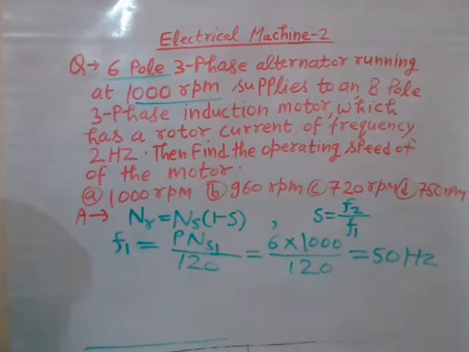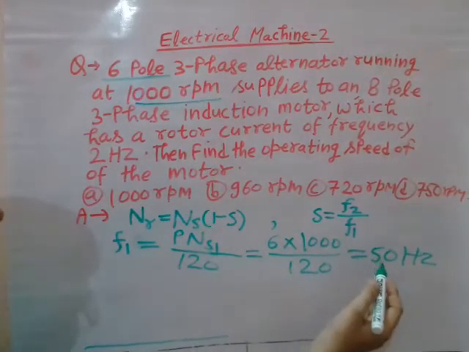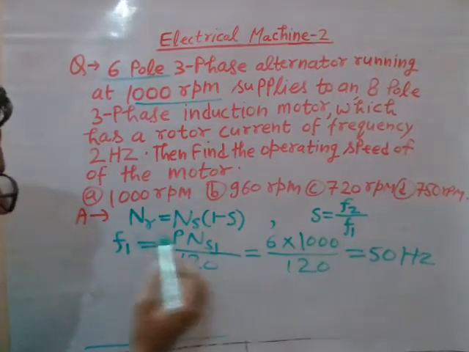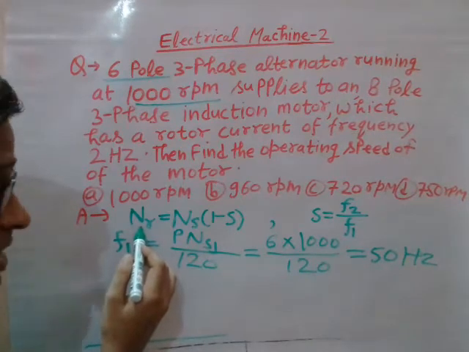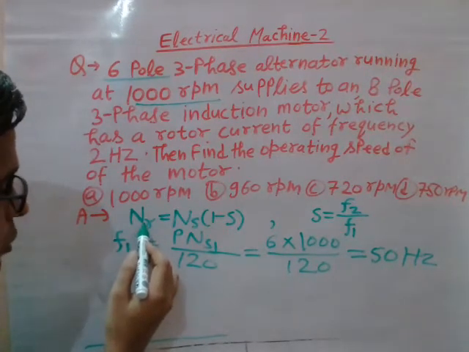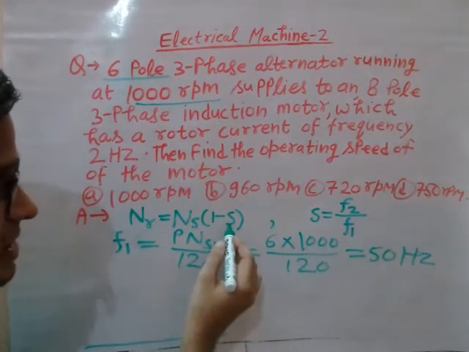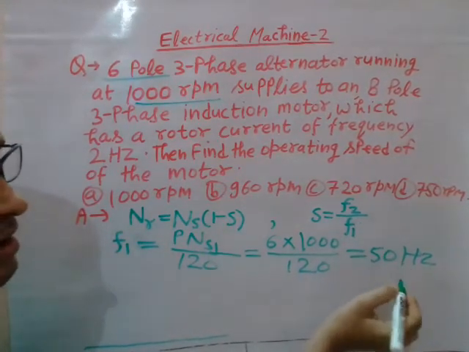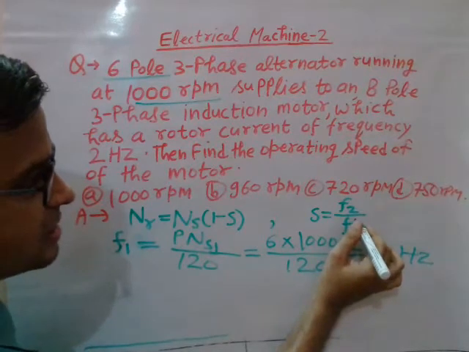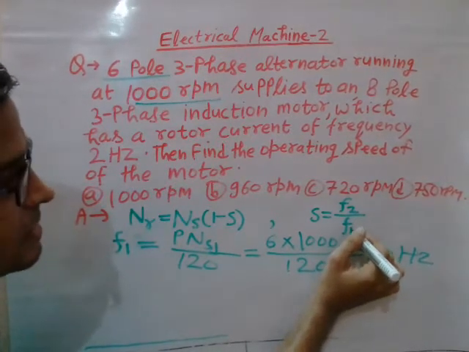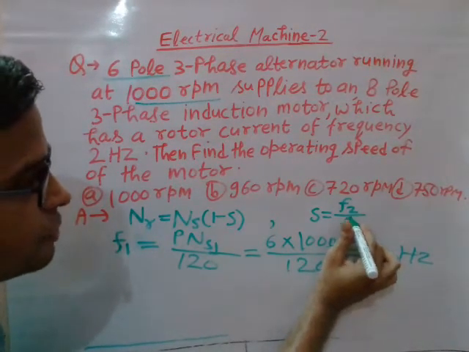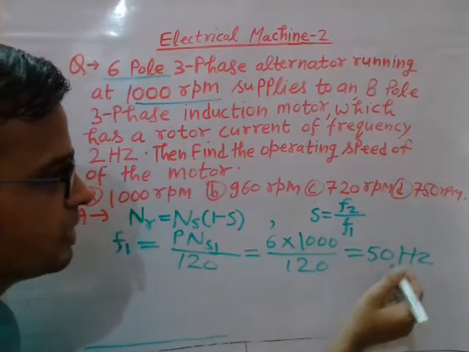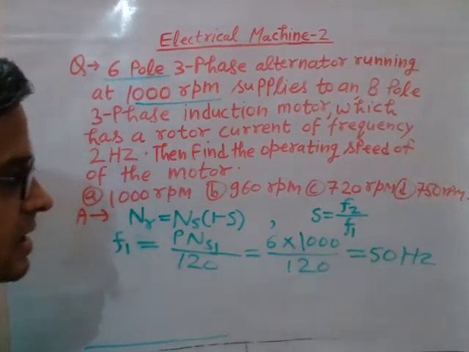This data was important because you want to calculate the induction motor speed NR, and for this you first calculate the slip, and slip can only be calculated with the knowledge of the supply frequency of this induction motor. The supply frequency to the induction motor you have now calculated, it is equal to 50 Hertz.